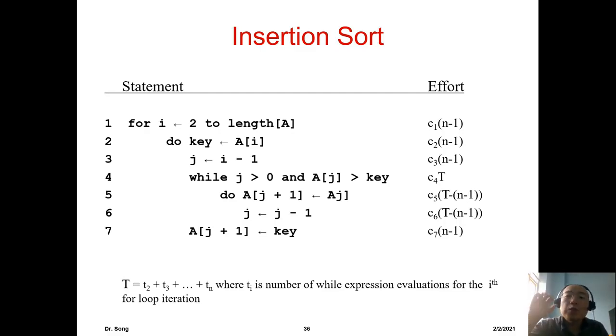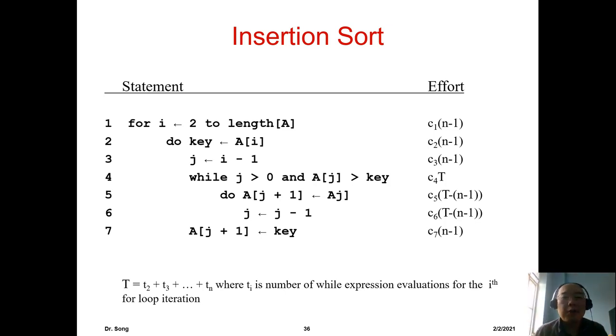For those k minus 1 rounds, lines 5 and 6 will be executed. So the difference in the number of executions between line 4 and line 5 is always 1 for each of the values to be inserted.